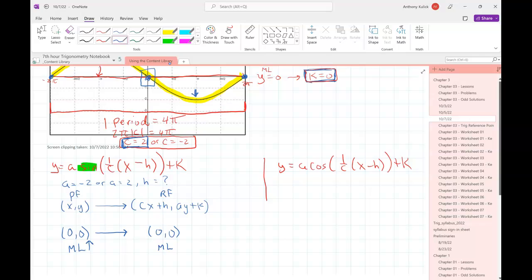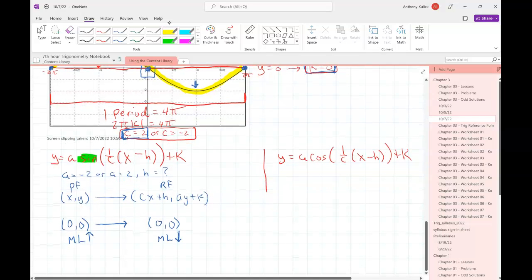I'm going to do an up arrow to represent a maximum. In my picture, from the midline point 0, 0, the next extreme is a minimum. To represent that, I'm going to use a down arrow. Is everybody okay with the notation that I'm using there?